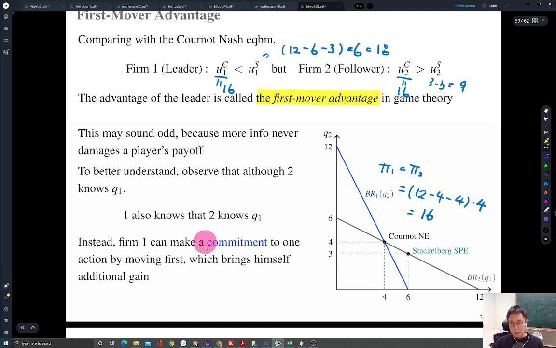So he has full commitment power. By moving first, firm 1 can make a commitment to one possible action, and such a commitment power brings firm 1, the Stackelberg leader, some additional gain. So that's the source of first mover advantage, and this is also why the follower gets worse in the Stackelberg game.